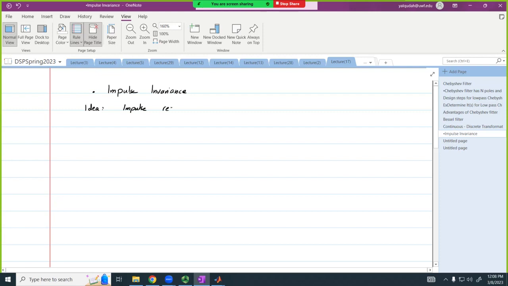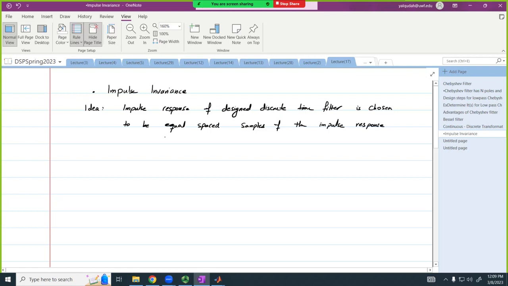So the impulse response of the designed discrete time filter is going to be equally spaced samples of the impulse response of the normalized continuous time filter.